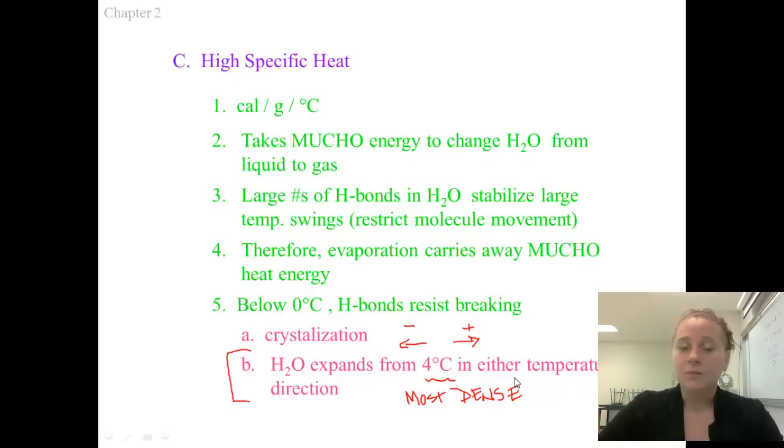So it is a really, really important property, and that maintains it so that our aquatic life can survive through winters. And it's also a vital piece of bringing dissolved oxygen back into lakes in the spring. As the ice on the top heats up in the spring, it's going to melt.